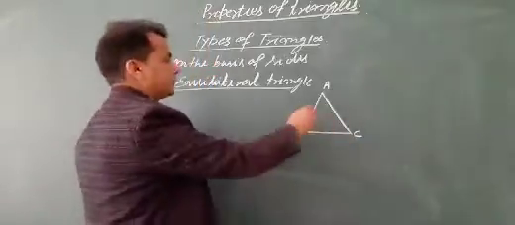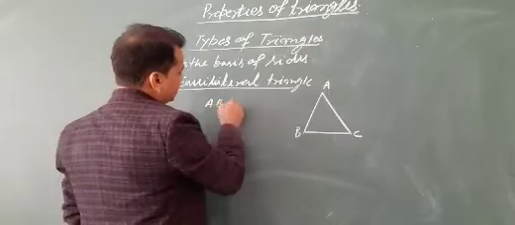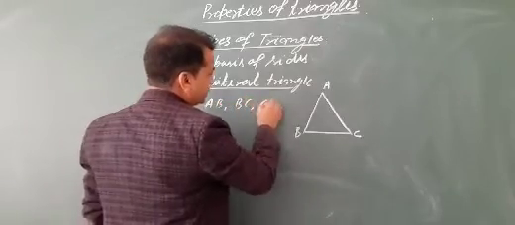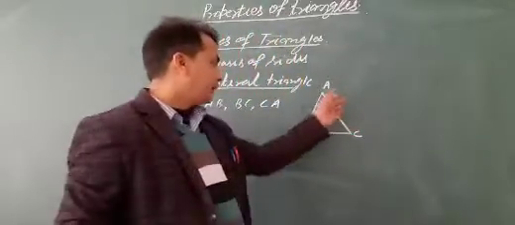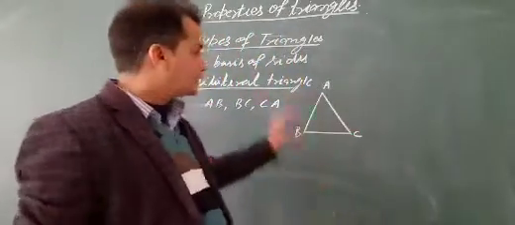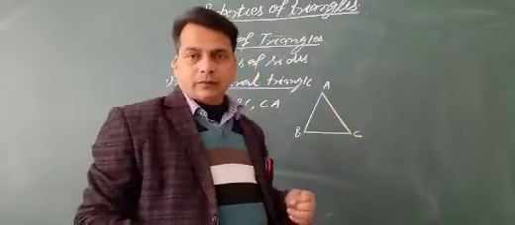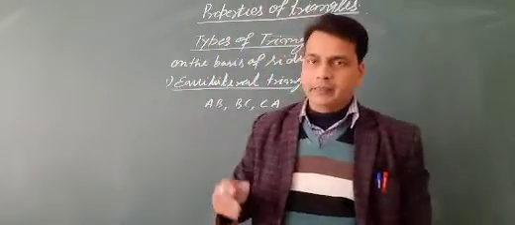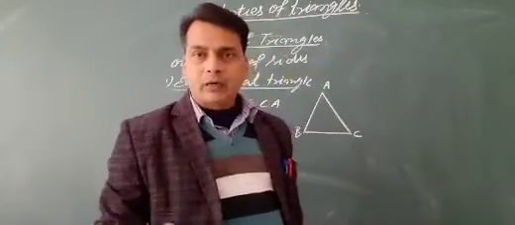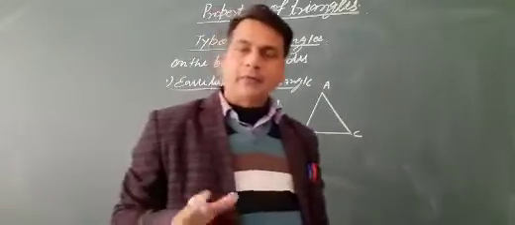In triangle ABC, there are three sides AB, BC and AC. The equilateral triangle refers to a triangle in which all sides are equal.